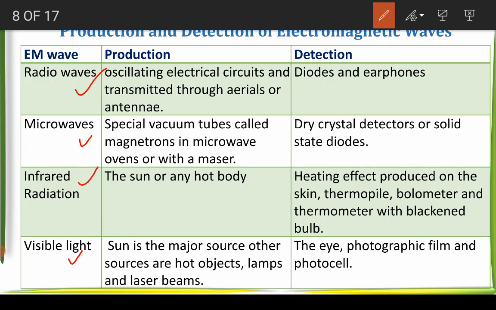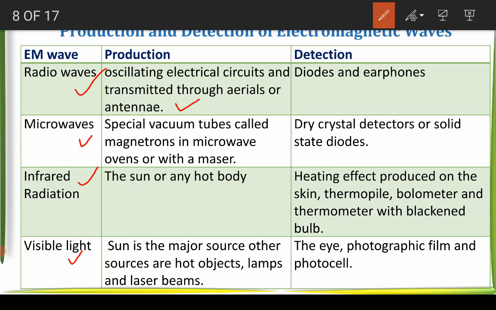All right. So radio waves are basically produced by oscillating electric circuits and transmitted through aerials or antennas. For example, if you have a radio at home, for you to receive the radio signal, it has an antenna or an aerial. So you protrude the aerial into the air, your radio system is going to receive signals, and you hear a live broadcast at that particular moment.